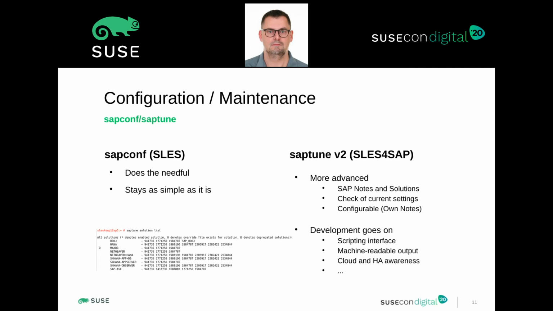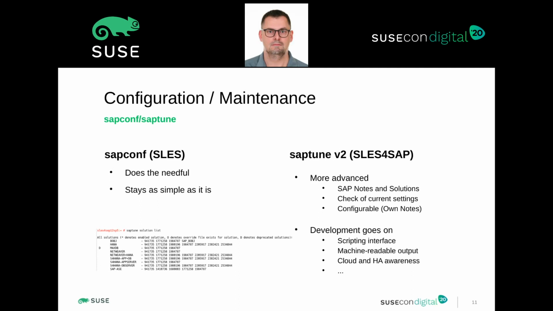So we made that a little bit easier, and we also have so-called solutions. So if you, let's say, want to run S/4HANA, you can type in saptune solution apply S4HANA, and then in the background a few necessary pre-selected SAP notes will be applied on your system.